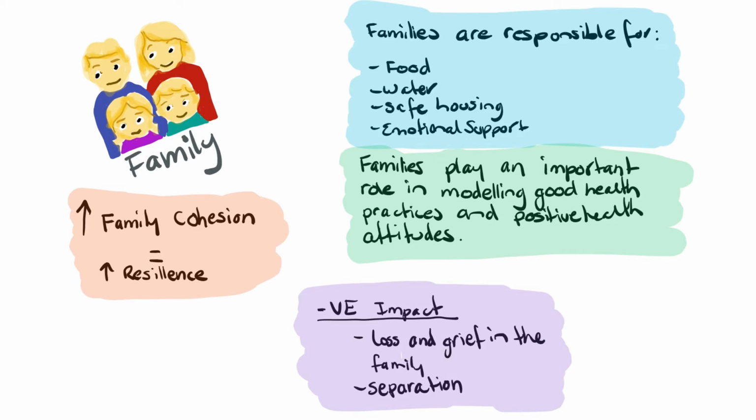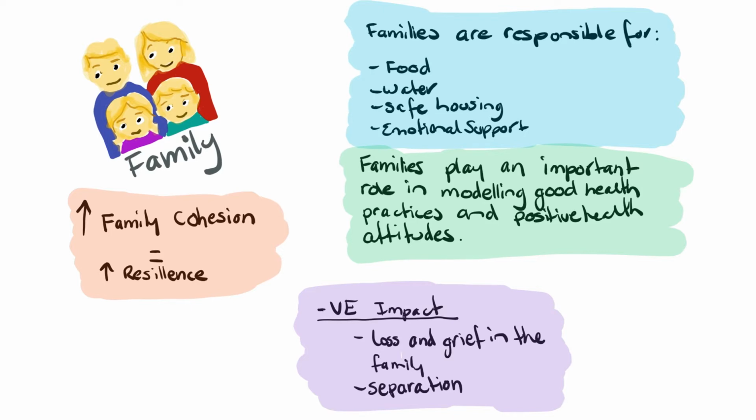We'll start by having a look at family. The research says that with increased family cohesion, so how well a family interacts with each other, how well they communicate, how well they get along, the care and support that they provide for each other, that's generally going to increase resilience, especially amongst young people.